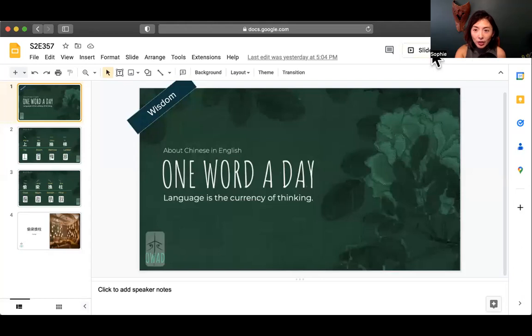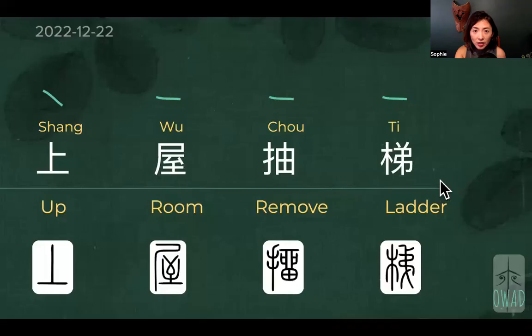We are going to continue our investigation into the ancient wisdom series about the 36 stratagems of wartime. It could still be relevant today. Yesterday's phrase, 上屋抽梯, was never heard of by me, a native speaker.